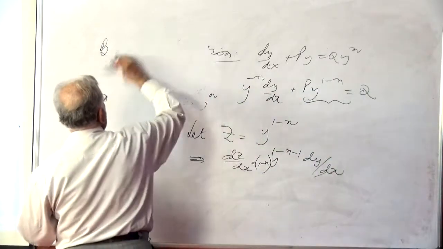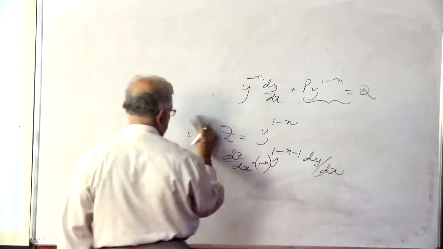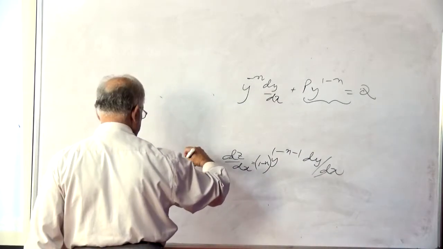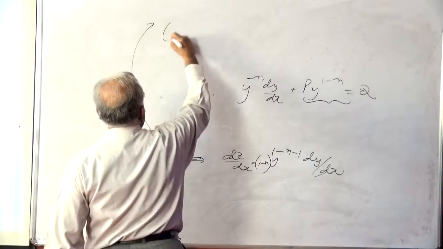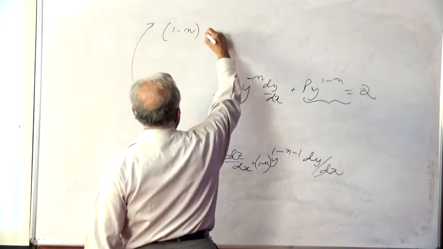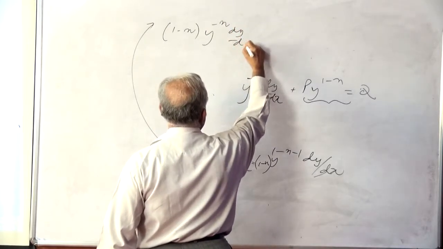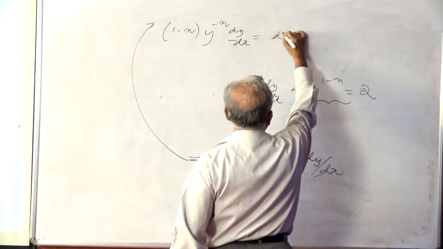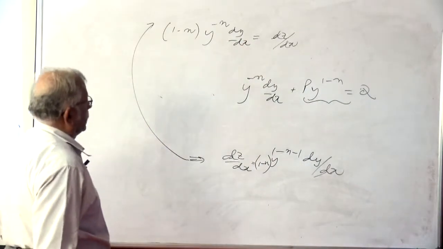So, we get from here 1 minus n times y to the power of minus n dy/dx is nothing but dz/dx.